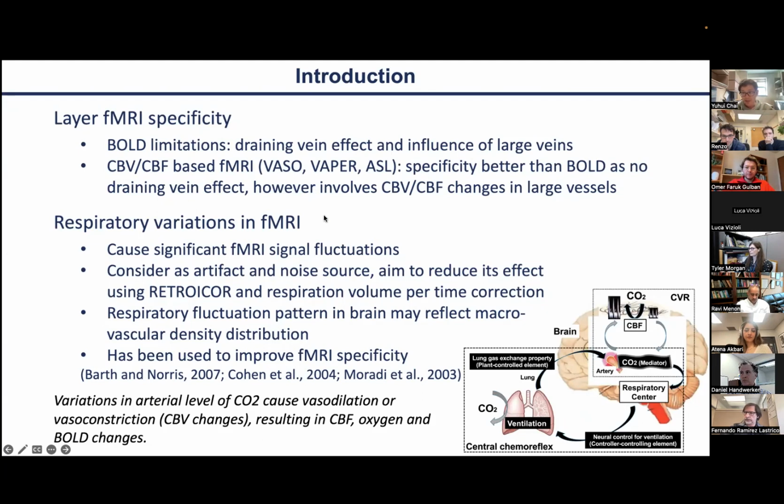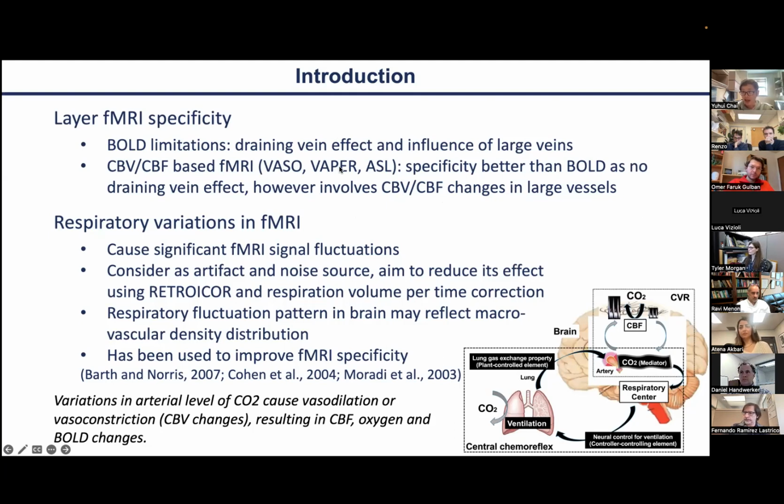But at least for CBV, CBF-based fMRI, you are still sensitive to the intravascular contrast from large vessels. Because when you are, for example, doing CBV, like VASO, when you do blood suppression, in addition to the small vessels, you are also suppressing the blood in large vessels.